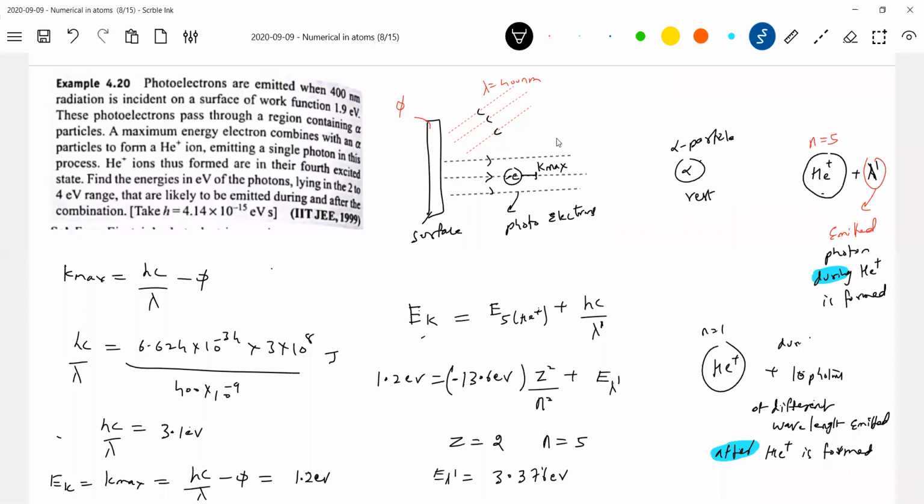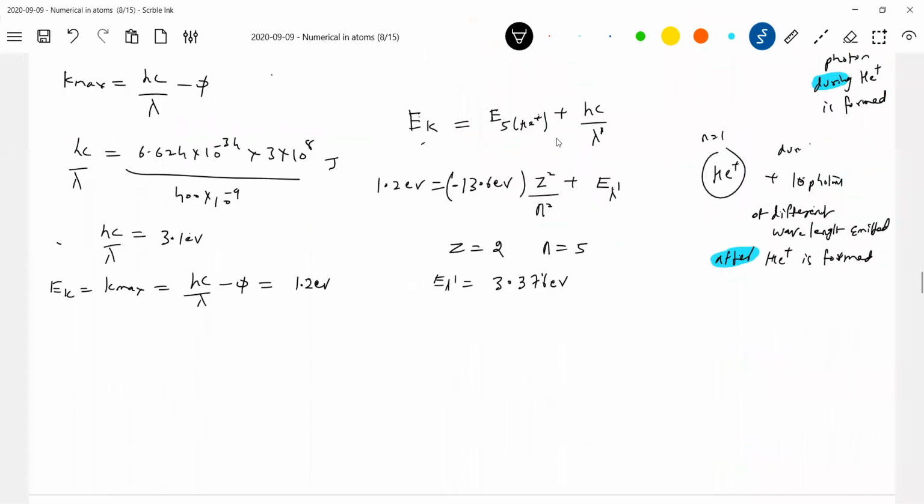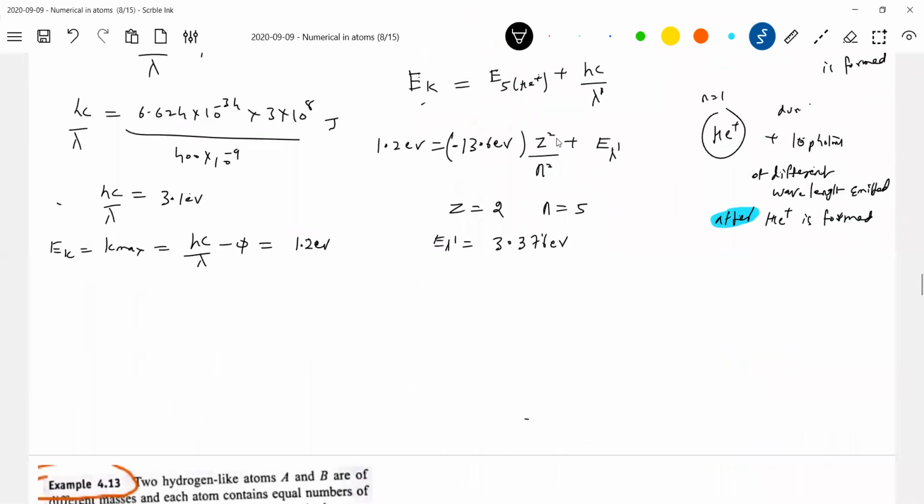How many photons will lie in this region of 2 electron volt to 4 electron volt? So 3.376, we can take it. This is emitted during. Then after, again you have to check whether any photons will lie in this range. For that, you should draw an energy level diagram.